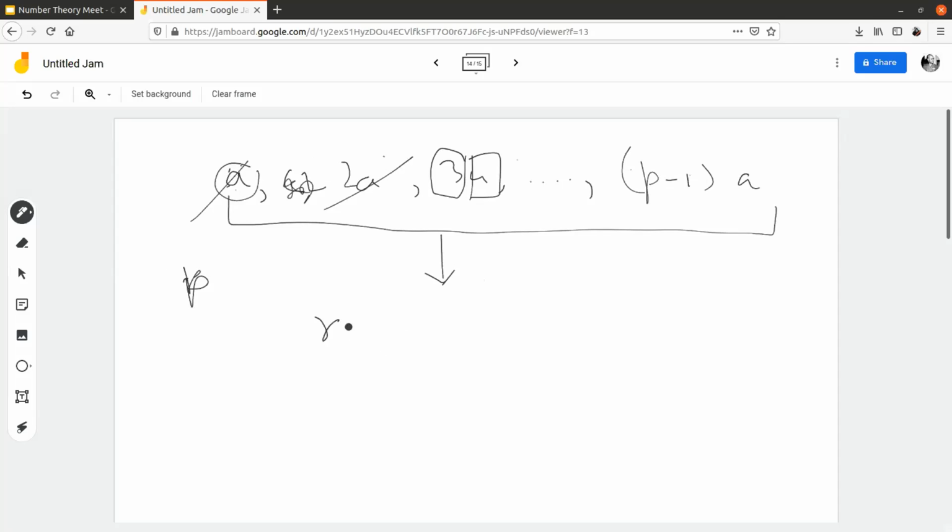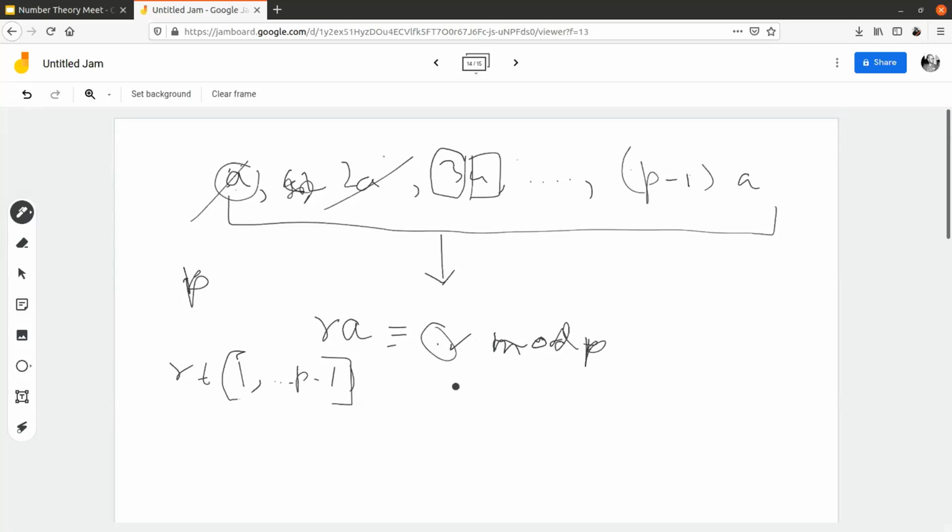So any r a you take, where r belongs to 1 to p minus 1, will be equivalent to some number mod p, which will be unique. I'm sorry, this Jamboard works very badly on my laptop.